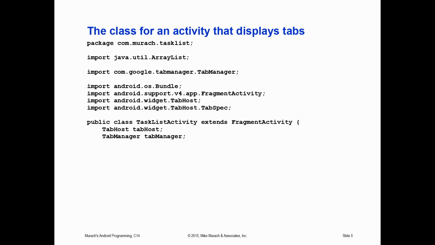Now what's shown in figure 14.2 on pages 438 and 439 is the class for an activity that displays tabs. The class, as you can see here, begins by importing the TabManager class that is stored in the TabManager library.